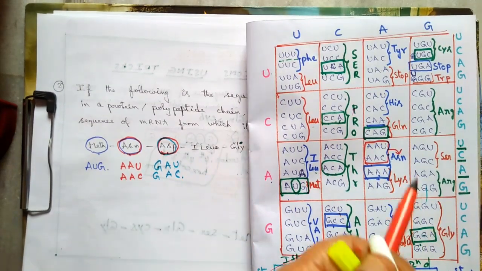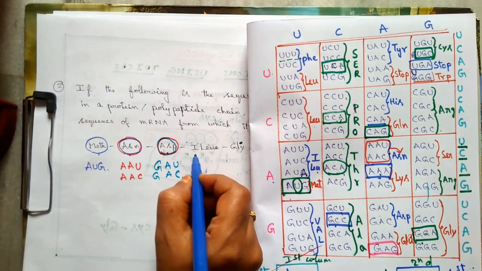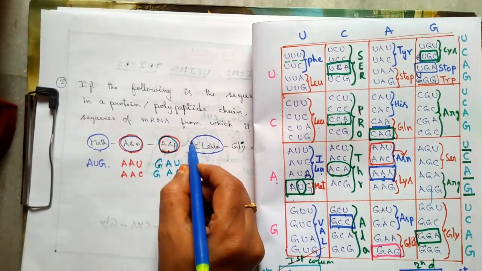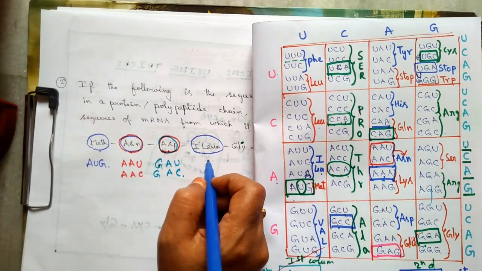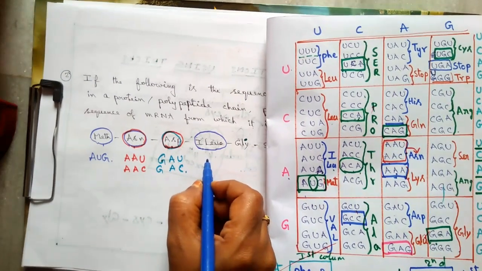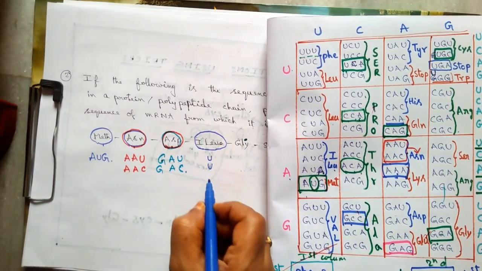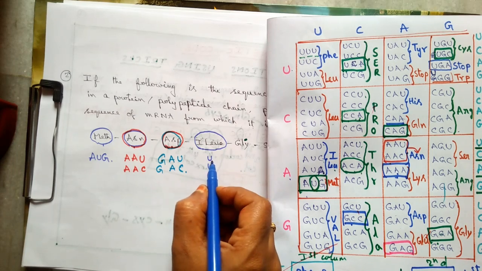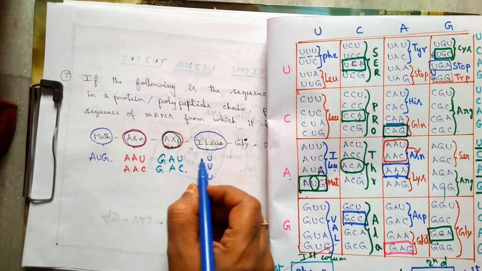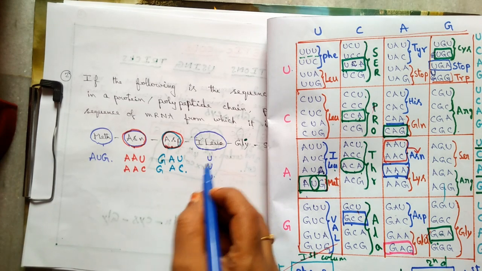Now isoleucine. Isoleucine is coded by 3 codons, present in the first column. What is the center base of the first column? U. And it is coded by the first 3 triplet codons of the third box.